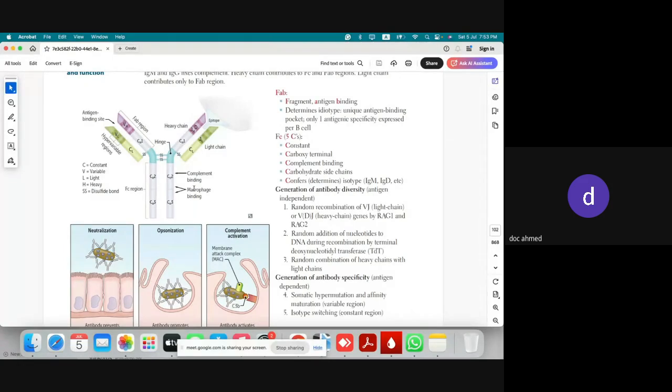So the hypermutation is going to occur in order to give you affinity maturation. If we have the same code, we have more affinity between the antigen and the variable region, and those are going to be loving one another due to the same codes. That's your affinity maturation, right?